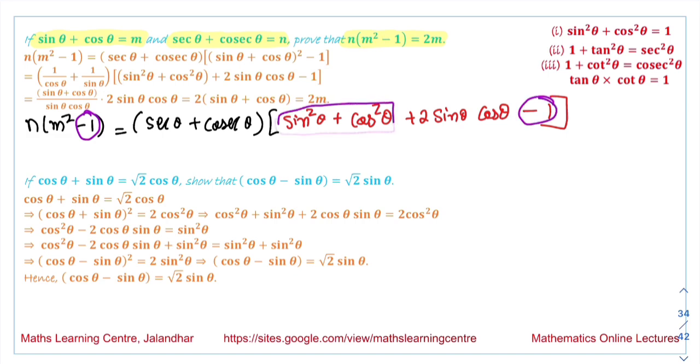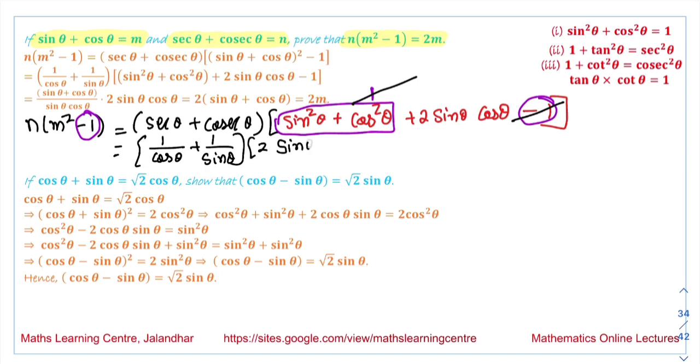Now this term sin square theta plus cos square theta is equal to 1. This 1 and minus 1 get cancelled, and we are left with 1 over cos theta plus 1 over sin theta into 2 times sin theta cos theta.